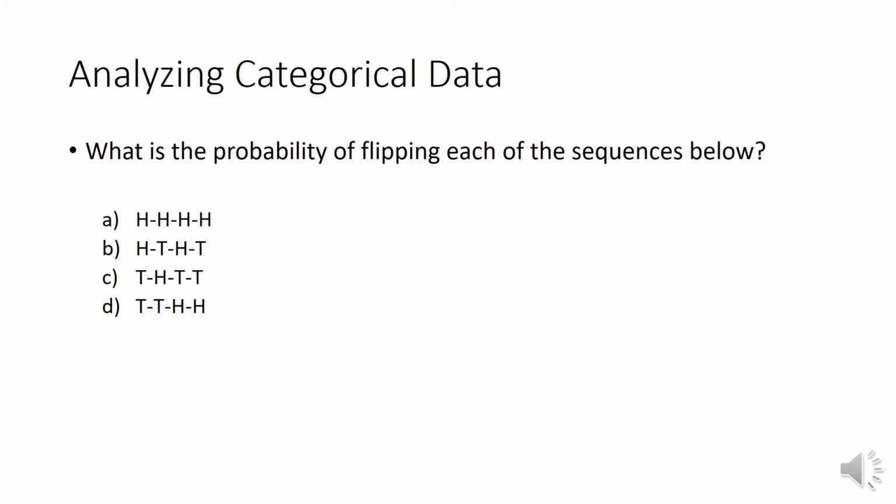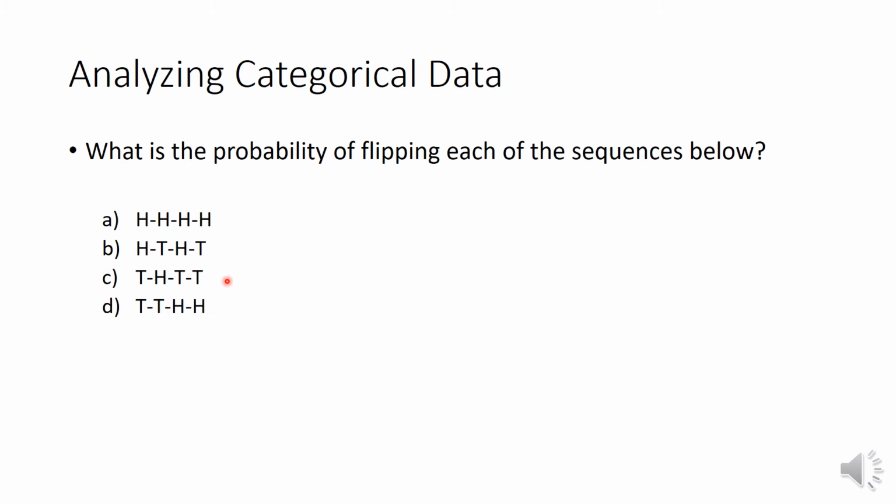This is kind of getting back to that initial question, all right? So we want to find the probability of flipping each one of these four sequences: getting heads 4 times in a row, or in this one, tails, heads, tails, tails, or 2 tails and 2 heads.